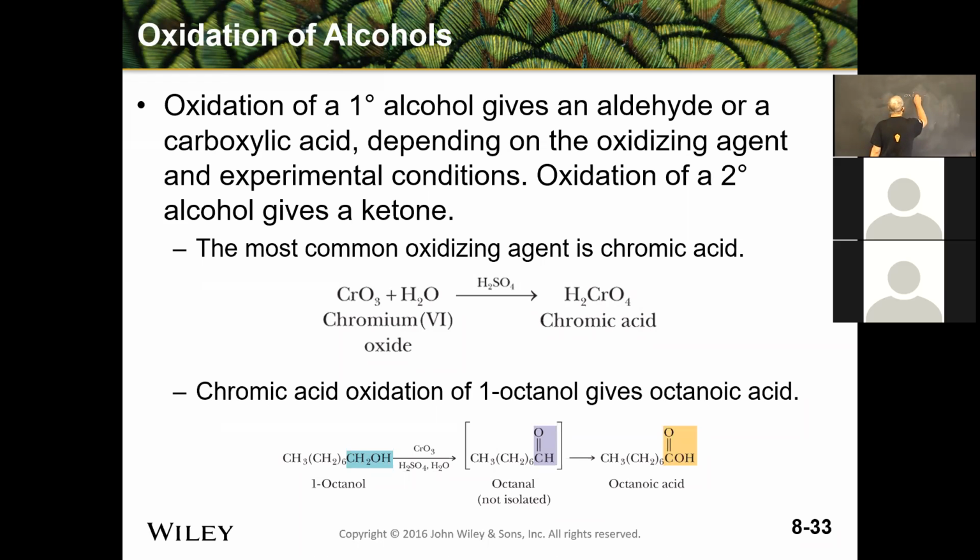Oxidation: increase in oxygen content, decrease in hydrogen content, or both.